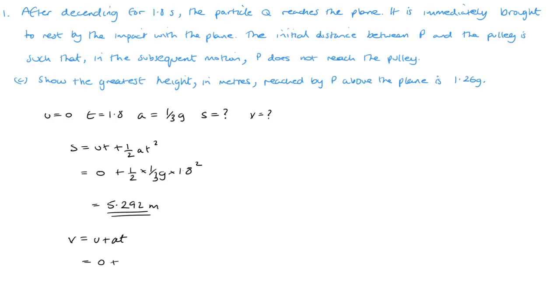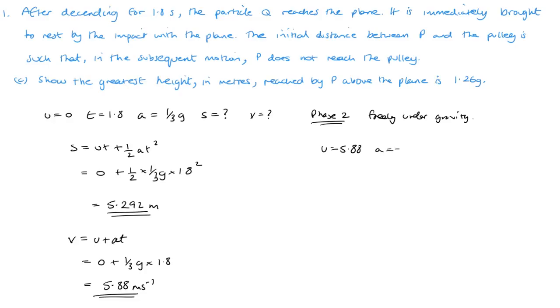So u is 0 plus 1/3 g times 1.8, which is 5.88 meters per second. So now for phase 2, this is now the moving freely under gravity stage. So at this stage, u is 5.88.